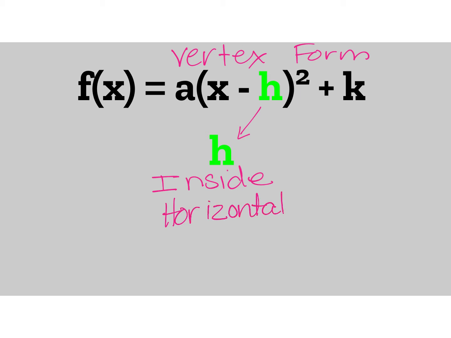And it's going to be opposite of what you think it is. So if you think about a number line, you would think if you were moving left on a number line, you would be adding, but that's not the case. It's going to be subtracting. That's going to move you to the right, and so on and so forth. So it's opposite of what you think.